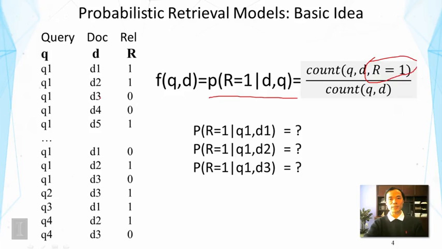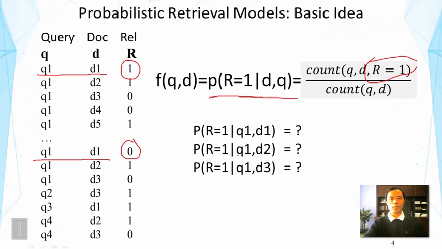If we are interested in Q1 and D1, we'll be looking at these two pairs. And in one of the cases, the user has said this is 1, this is relevant. So R is equal to 1 in only one of the two cases. In the other case, it's 0. So that's 1 out of 2.